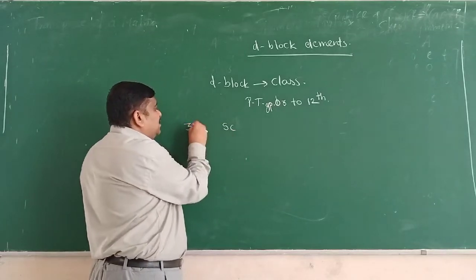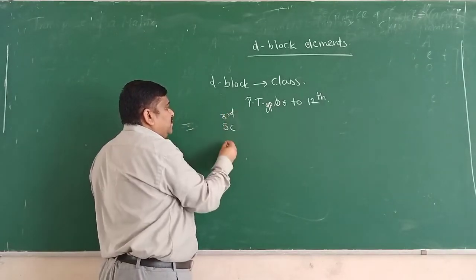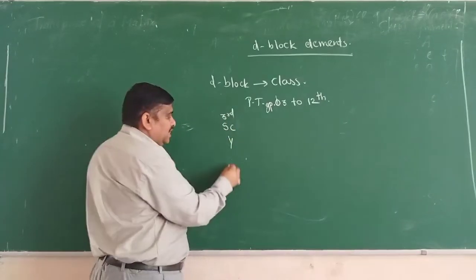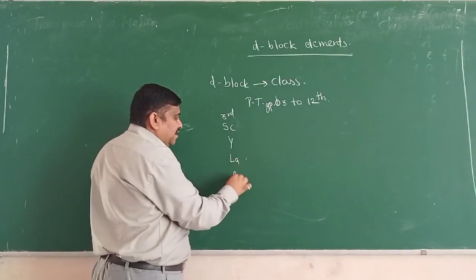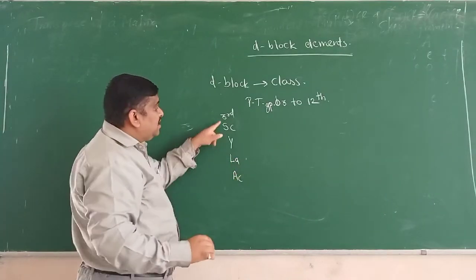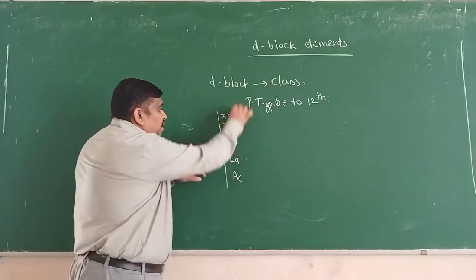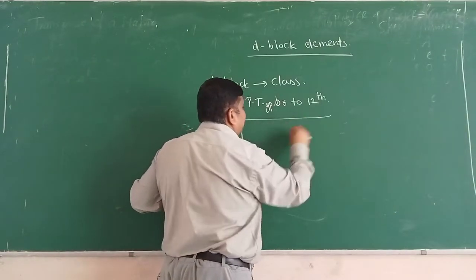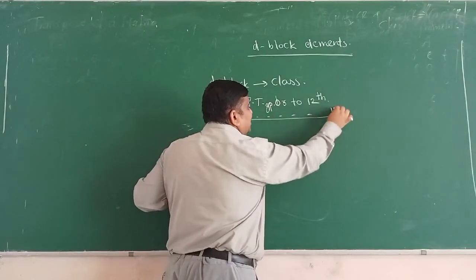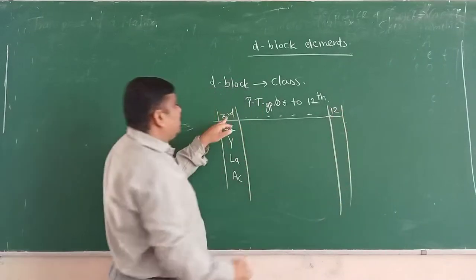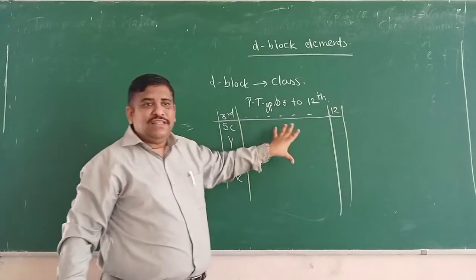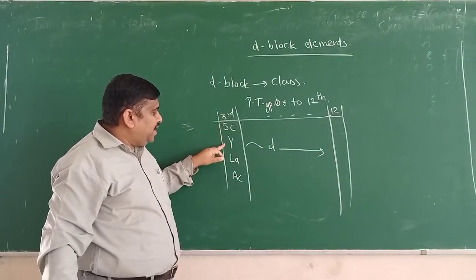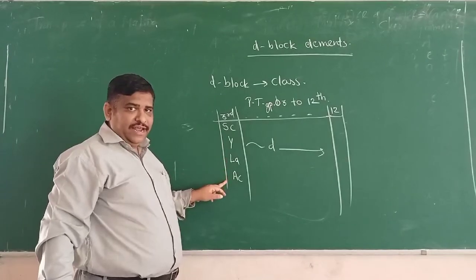In the 3rd group you have scandium, then yttrium, then lanthanum, then actinium. From the 3rd group to the 12th group you are having the d block elements here.